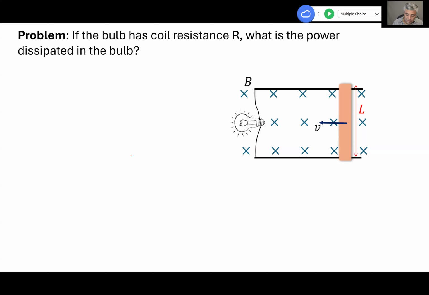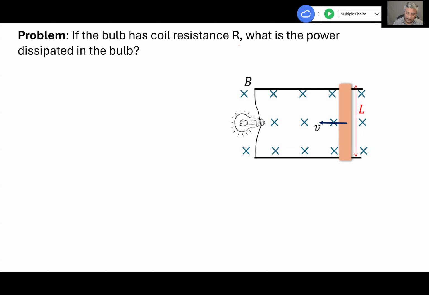Now I am showing that the resistance is actually a light bulb. So this light bulb is going to light up as long as the conductor is moving and there is enough potential difference to light it up. So we can estimate how much power we can generate by just making this thing move.